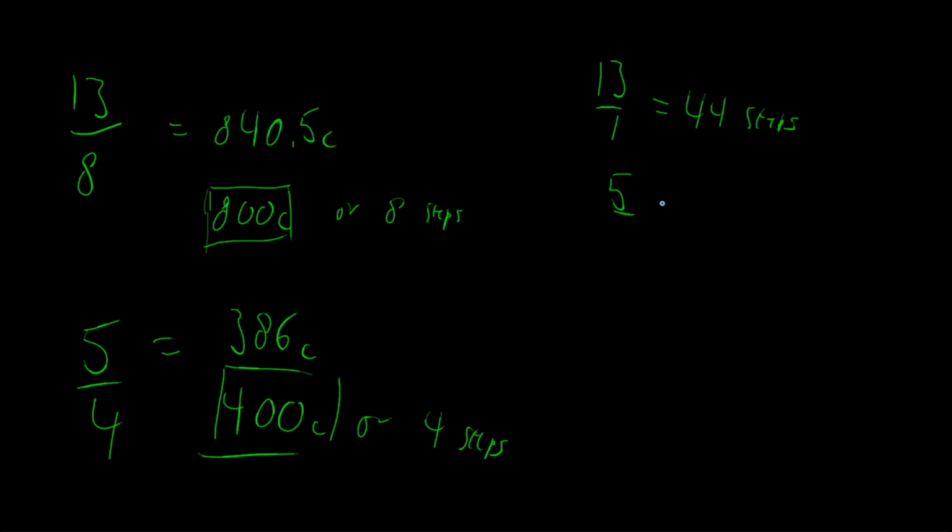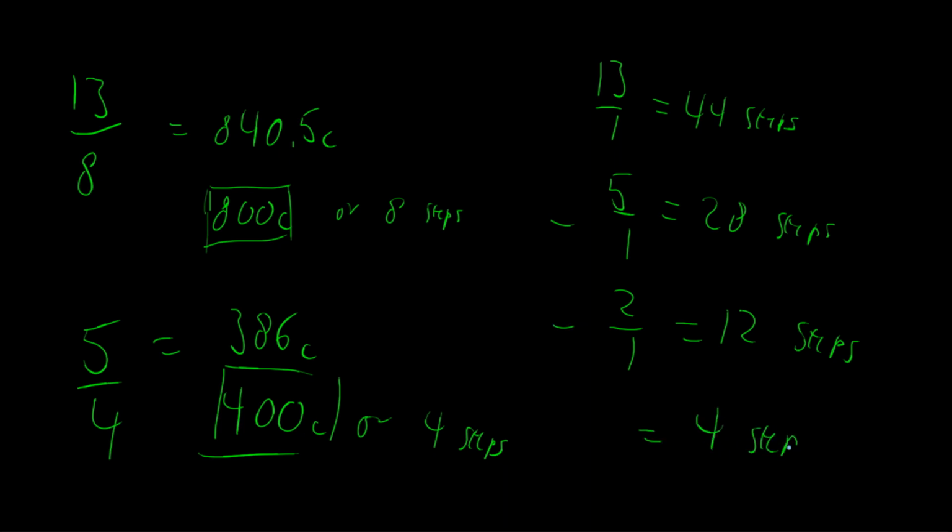And 5 on 1 is 28 steps, and 2 on 1 is 12 steps. So 13 on 10, you can say, well, it's 44 steps, minus 28 steps, because 13 divided by 5, and then it's also divided by 2, because it's 13 on 10, not 13 on 5. So 44 minus 28 minus 12 equals 4 steps, or 400 cents.